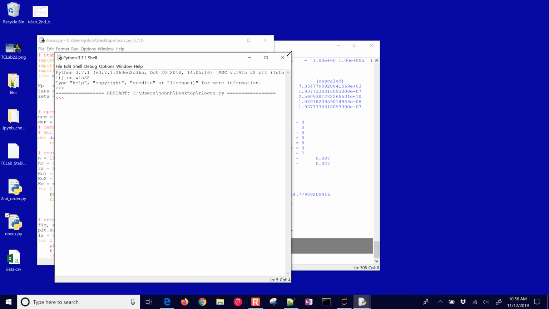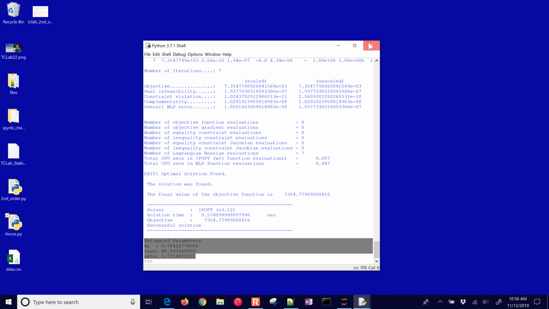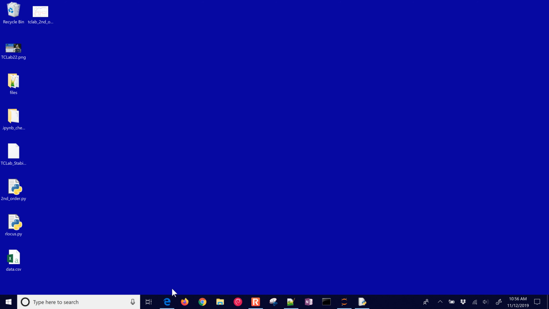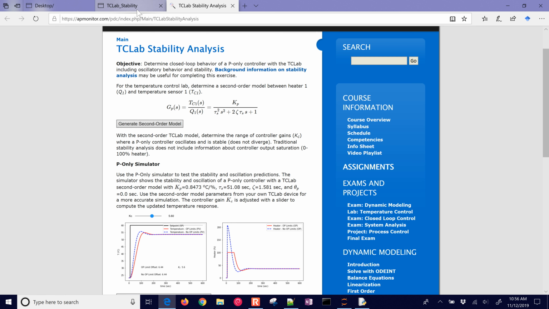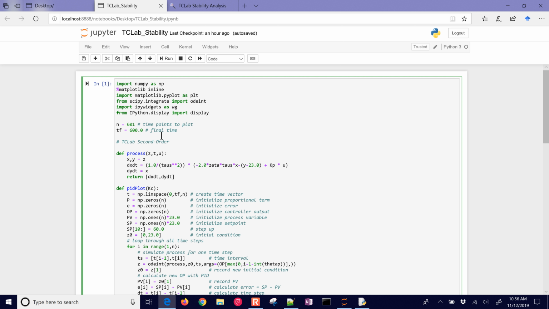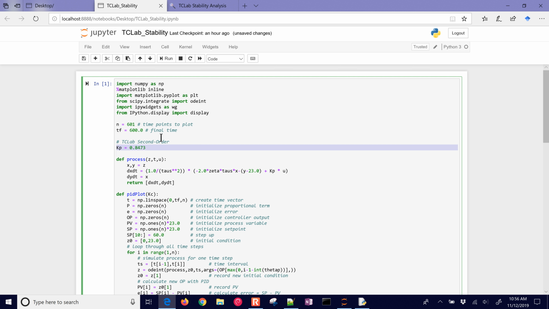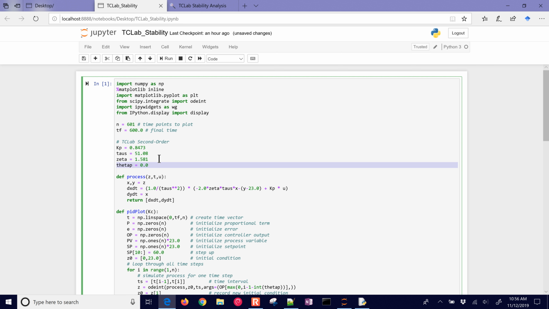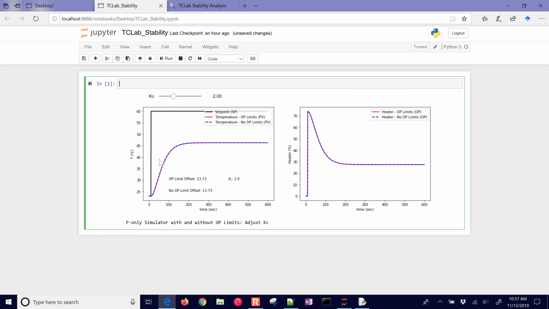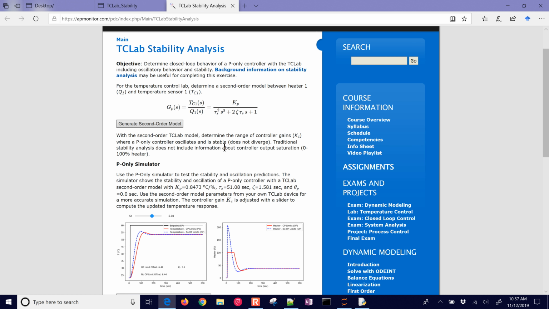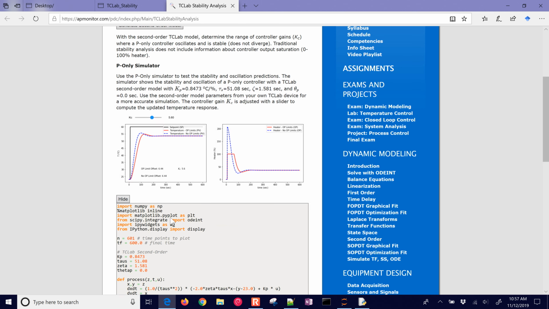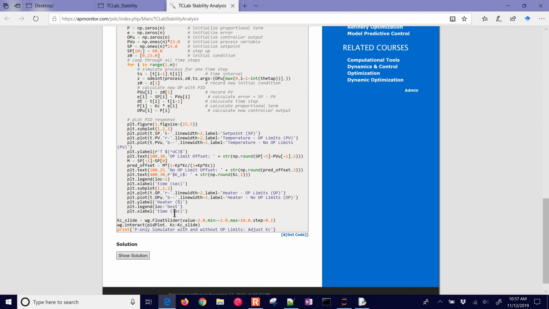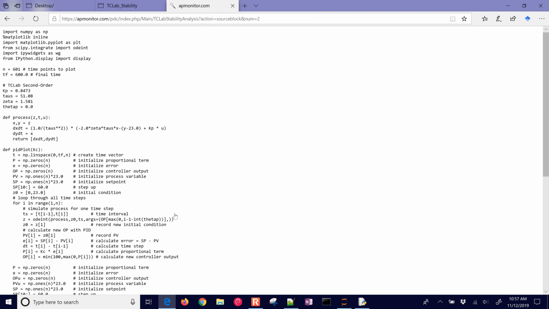Alright, I'm going to close this, and let's go over now to our PI, or in this case it's going to be a P-only simulator. And we're going to plug in our second order process right here. Let me just show you how to grab this. Come down to the bottom, select the get code link.